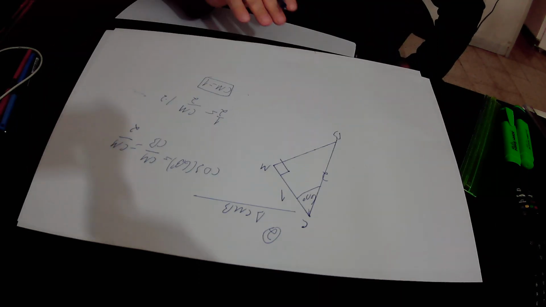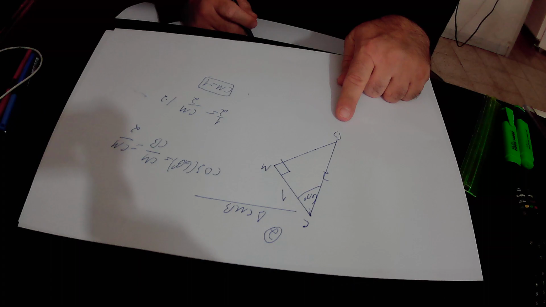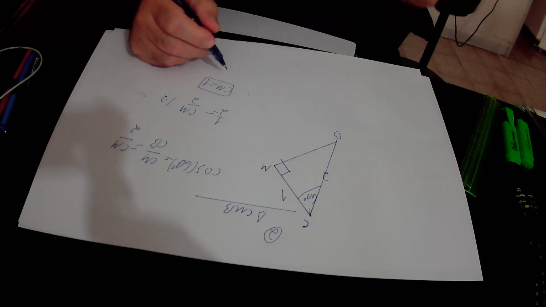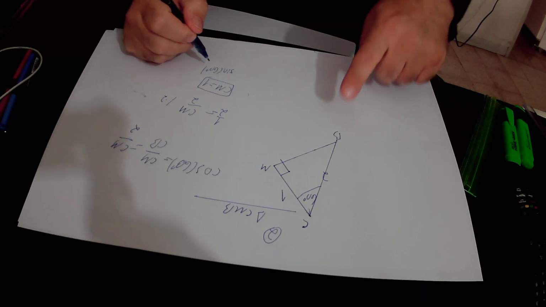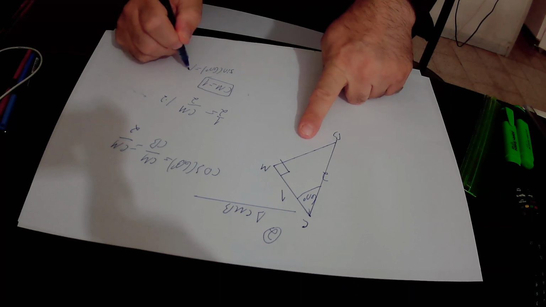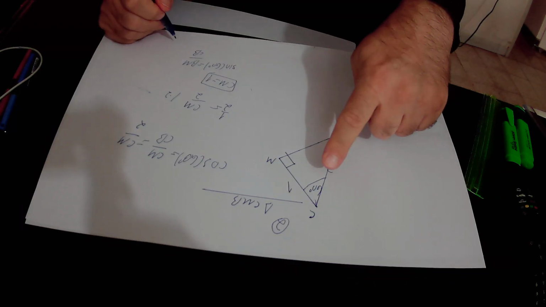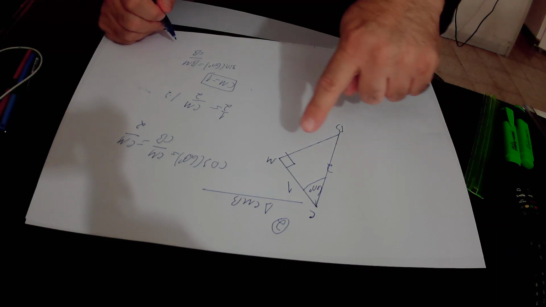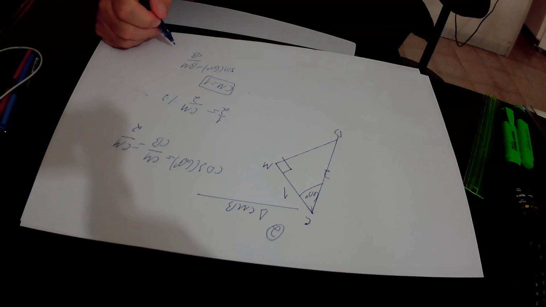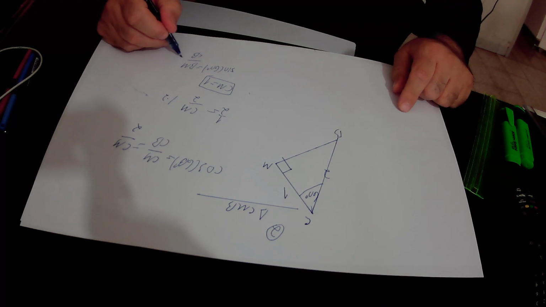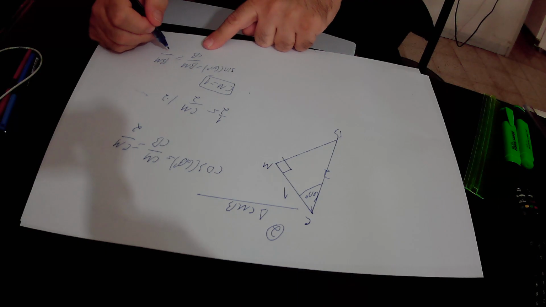Likewise, sine 60 degrees in triangle CMB equals BM, or MB, doesn't matter, over CB. CB equals 2, so we substitute CB by 2.